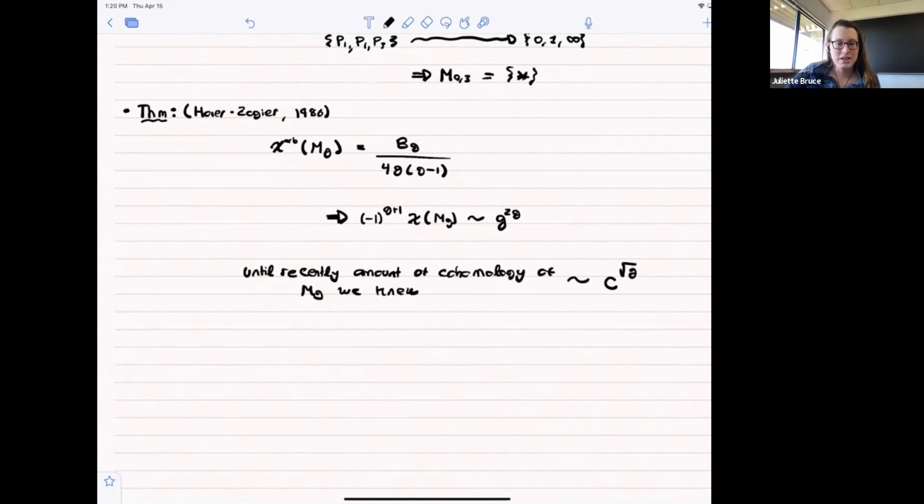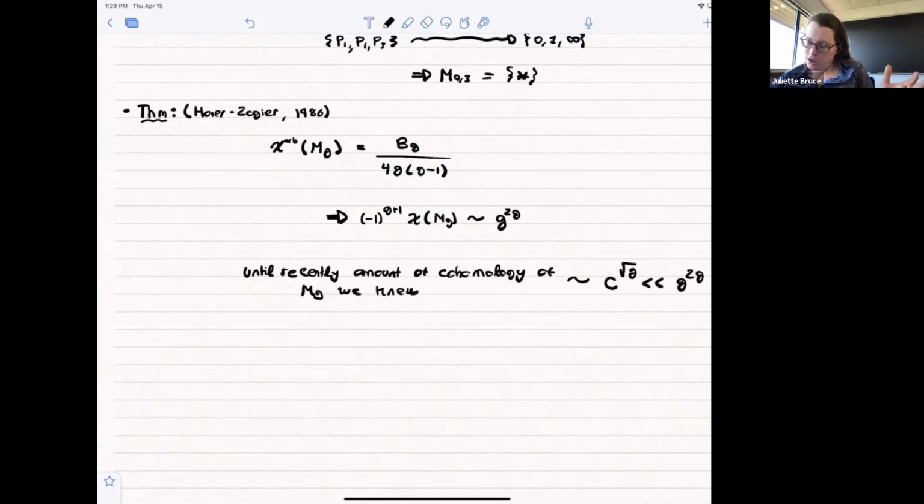So even sub-exponential, or, I'm not sure what the right terminology is there, but it's definitely much, much smaller than g to the 2g.